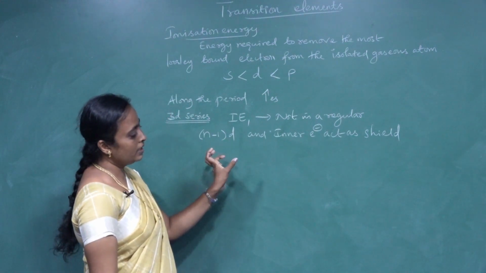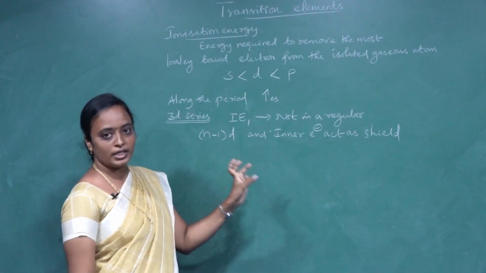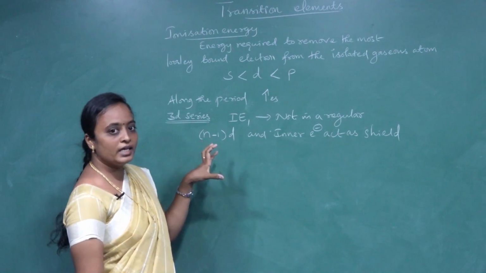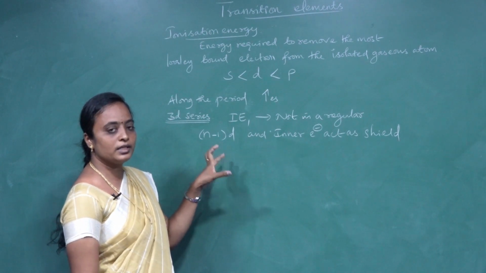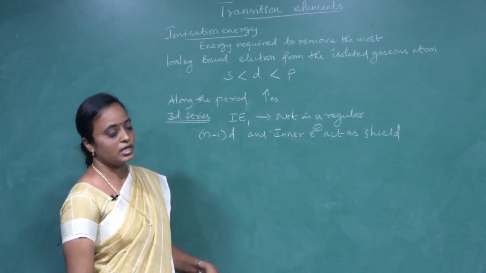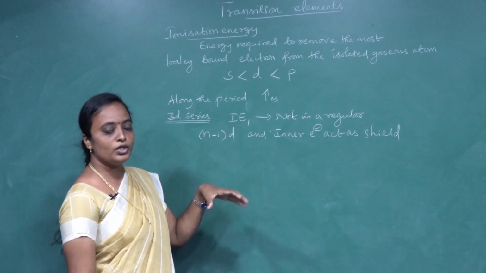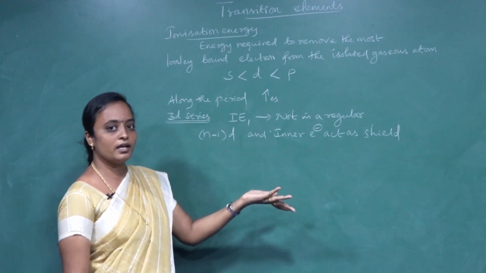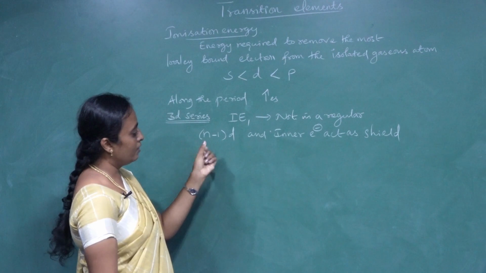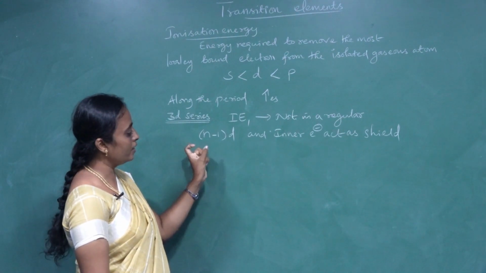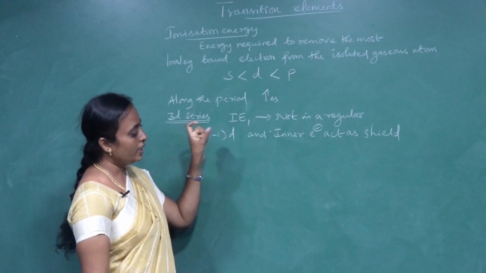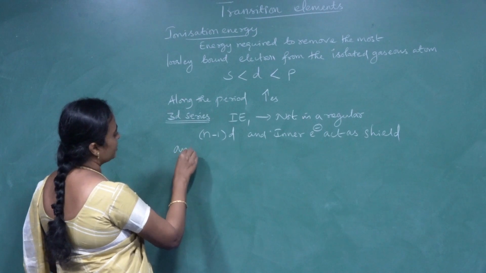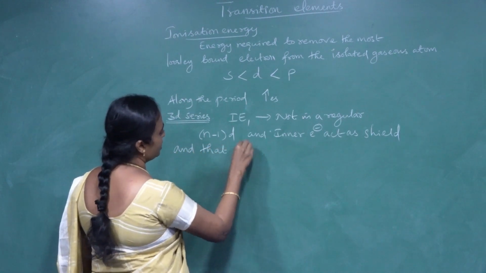Whenever this inner electron acts as a shield, because of that shielding effect the effective nuclear charge decreases, and the nuclear charge force on the ns electron will decrease. So whenever the extra electron is added into the d orbital, that inner electron acts as a shield and decreases the effect of nuclear charge on the ns electron.